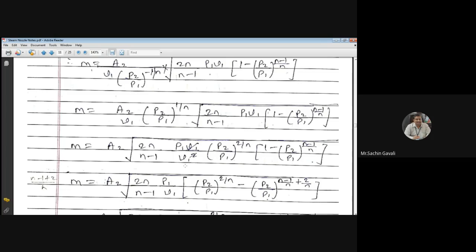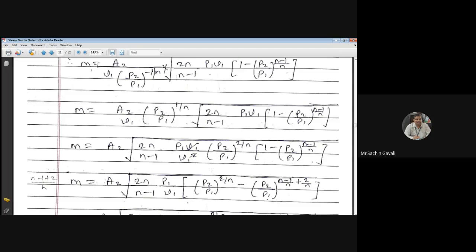And then we are getting m is equal to a2 into the square root of 2n upon n minus 1 p1 v1; this v1 square goes to the denominator, so p1 v1 divided by v1 square, and one v1 will get cancelled.